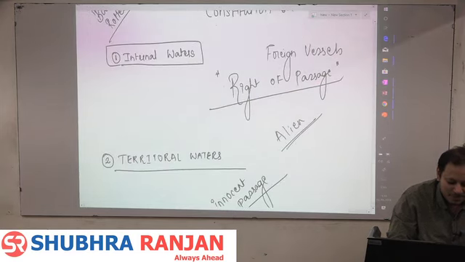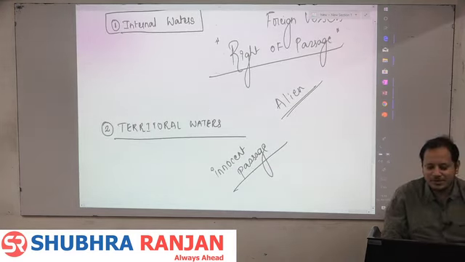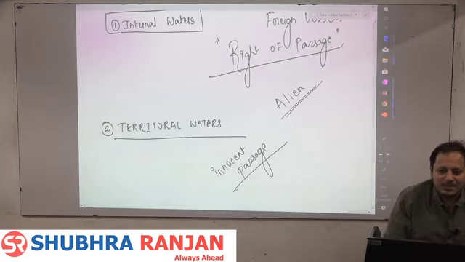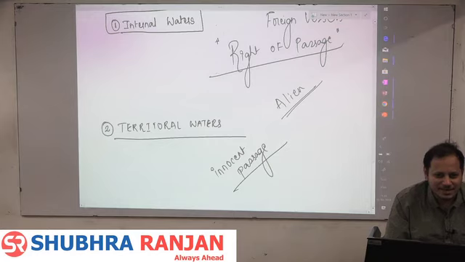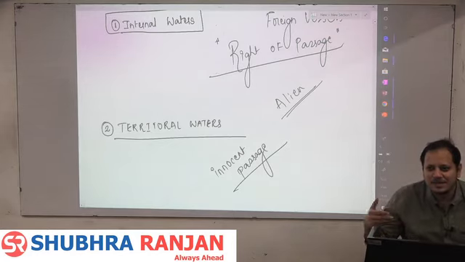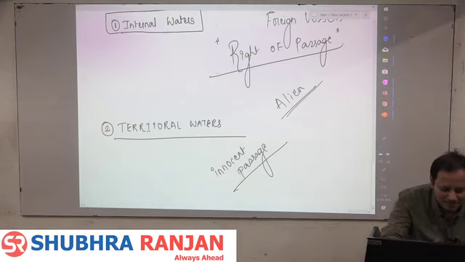Innocent passage was not even allowed in the internal waters, it is allowed in the territorial waters. What do you mean by innocent passage? The passage of the international ship which is not prejudicial to anyone. This is the language of law, meaning one who entered by mistake without permission, innocent passage. Fine, nothing else.